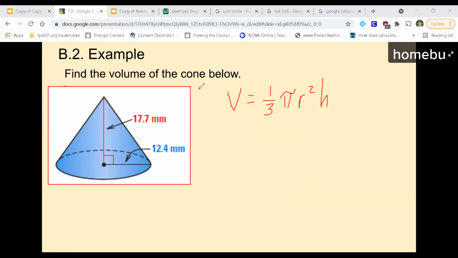And if you look at that formula, it's very similar to a pyramid's formula. In fact, it is the same formula, except for this shape, the base is a circle. So the base area, capital B, would be the area of a circle. And pi r squared sounds like area to me. If you need the circumference, just use pi d.